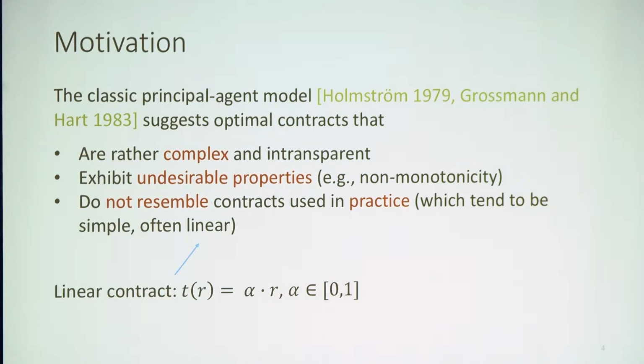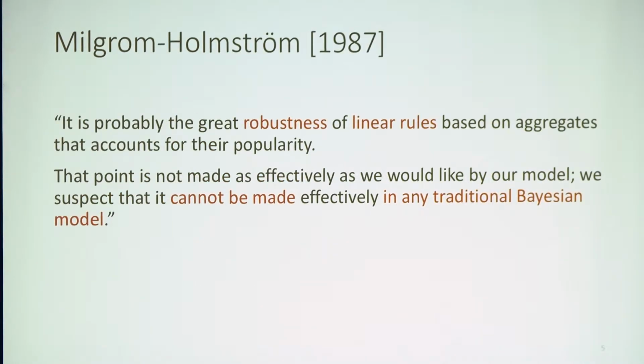Now, the really classic reference on this work, also on the slides in the first half, but Inbal didn't really get to it, is a paper by Milgrom and Holmström, which is really nice. What they do is they look at a dynamic version of this contracting problem in which the agent and the principal interact in a repeated fashion, and there's a dynamic model underlying it, which I don't want to go into too much detail.